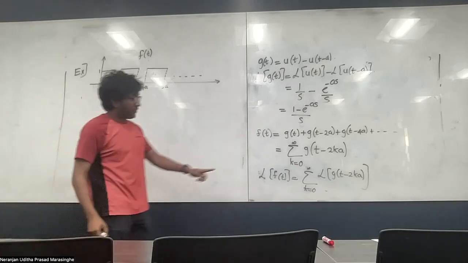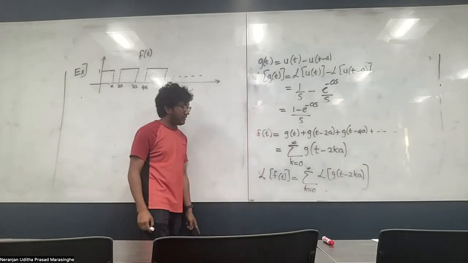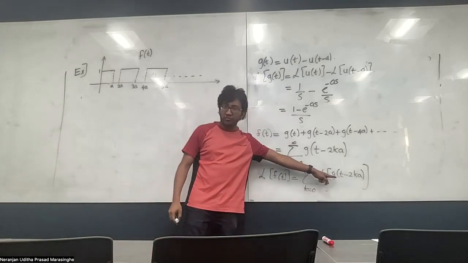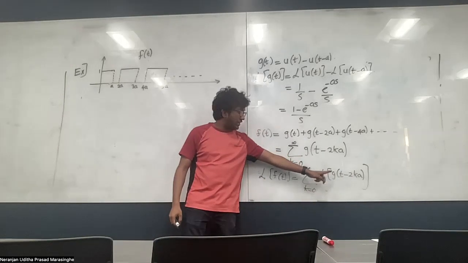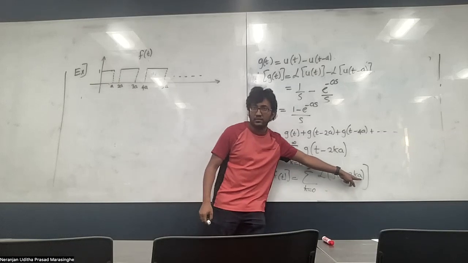Now, what can you say about the Laplace of g(t minus 2ka)? We know the Laplace transform of g(t). Now g(t) has been translated by 2ka units.